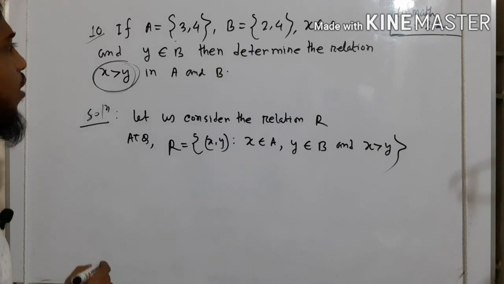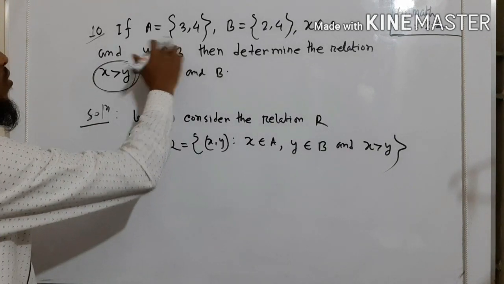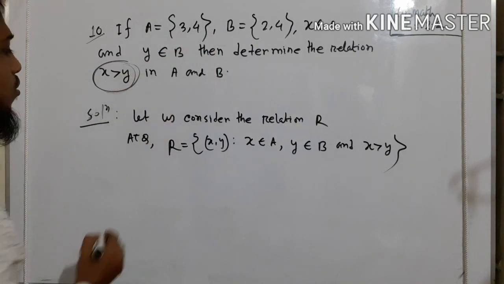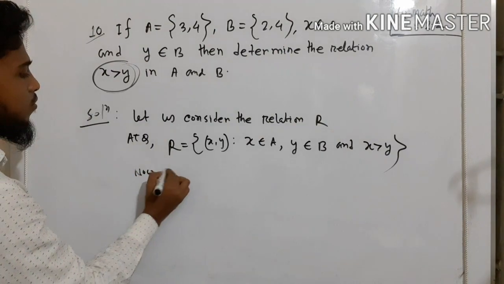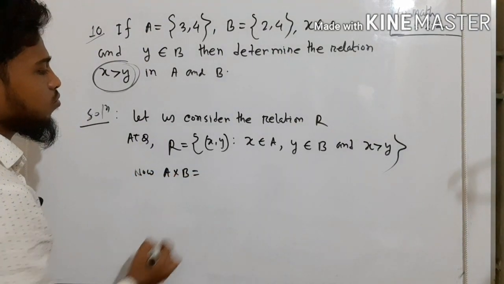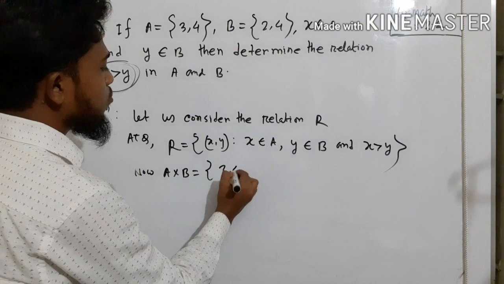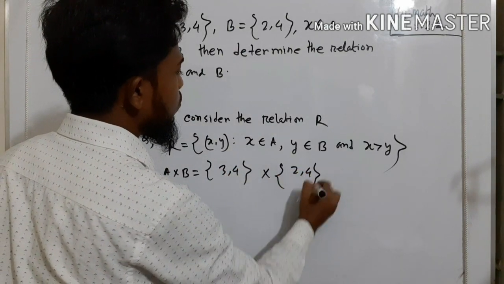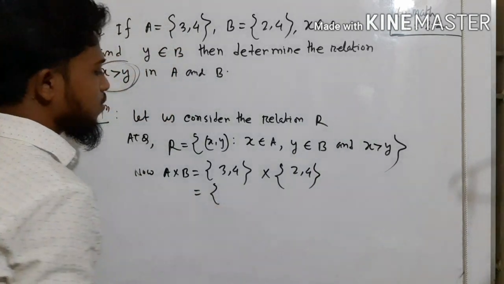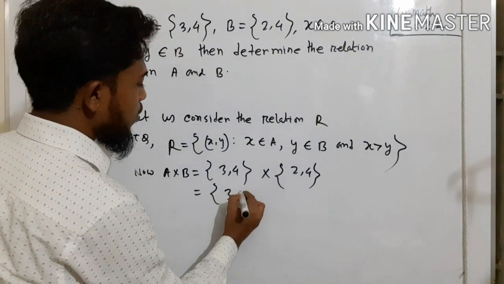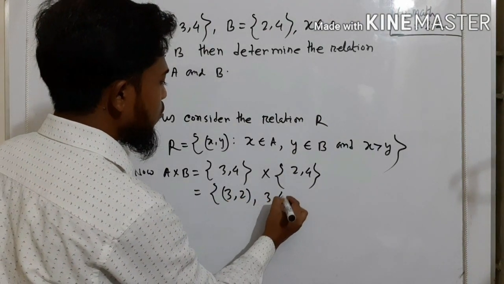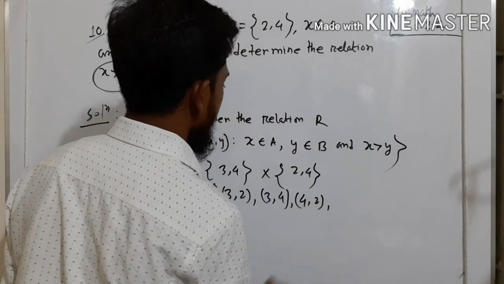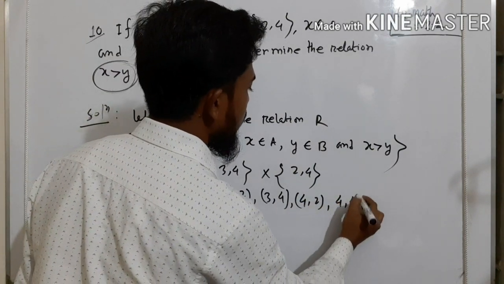First of all I will find the cross multiplication between two sets, that means Cartesian product. So A cross B equals {3, 4} times {2, 4}. This implies A cross B equals (3, 2), (3, 4), (4, 2) and (4, 4).